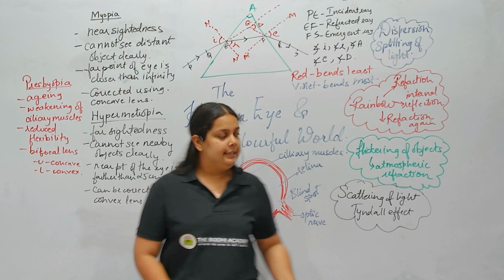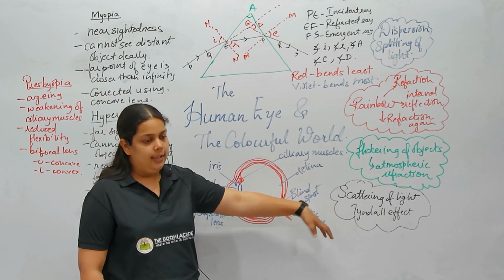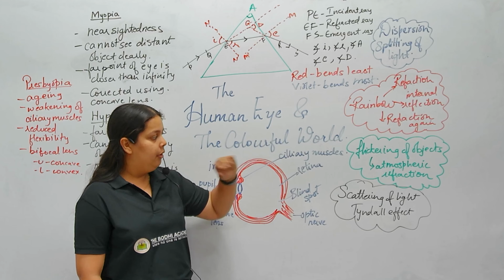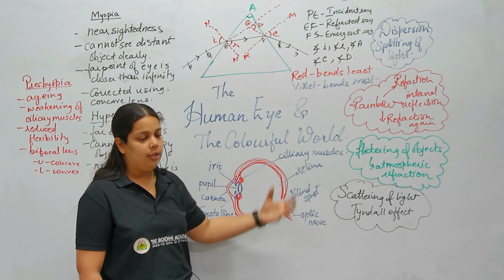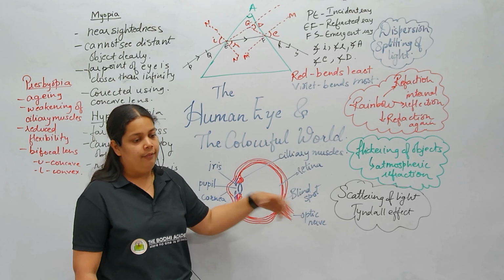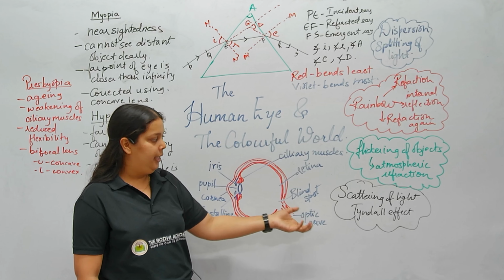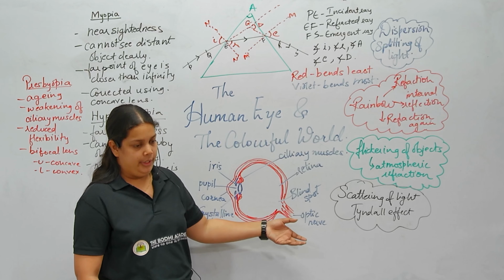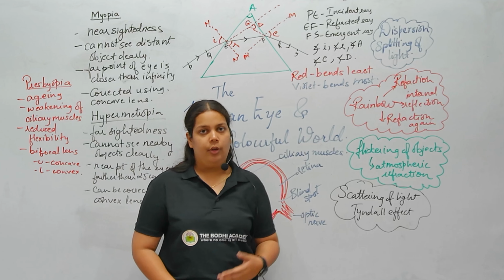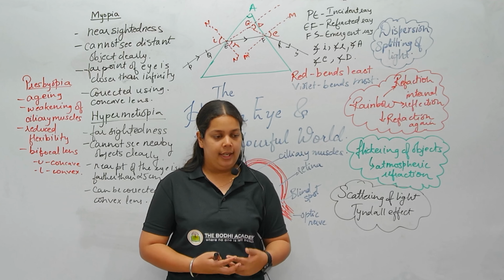So next is the scattering of light. When a beam of light is passed through a colloidal solution, we see that the path of the light becomes illuminated. This is because of an effect called the Tyndall effect.